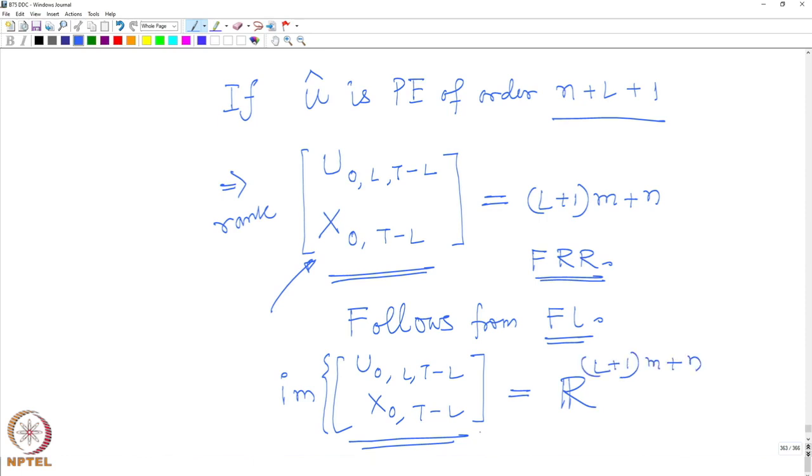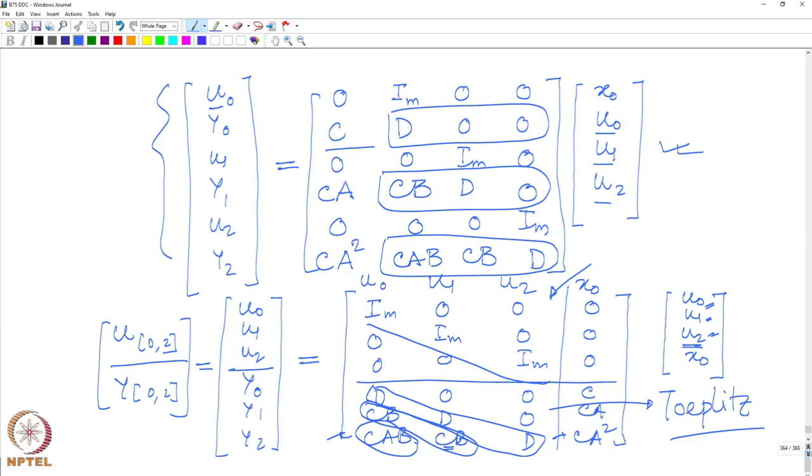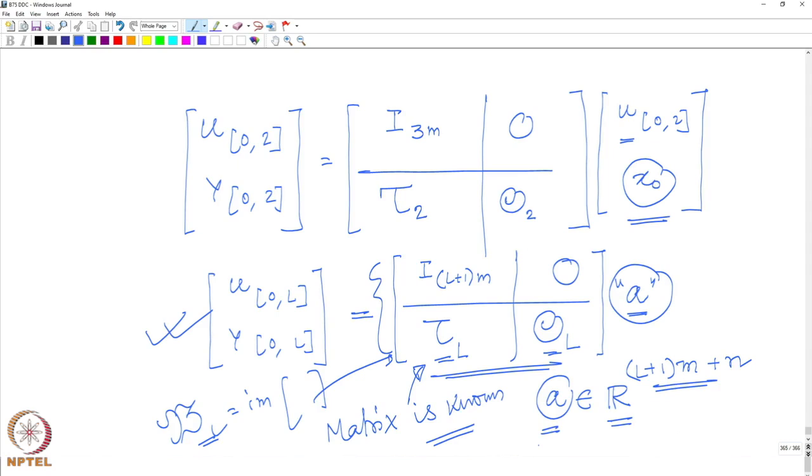Wow. So, any vector here can be written as a linear combination of the columns of these guys, which means in particular for this A, which is also this size.